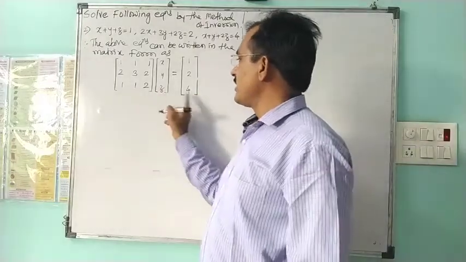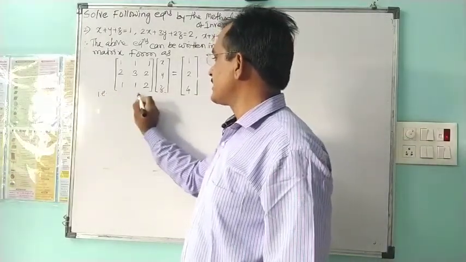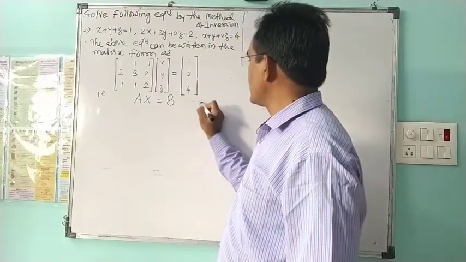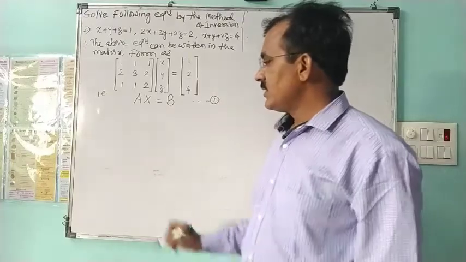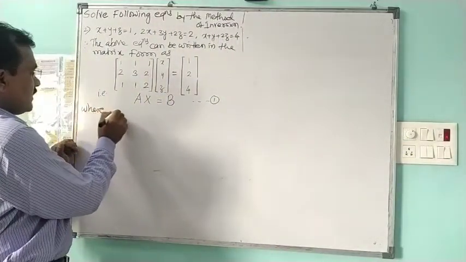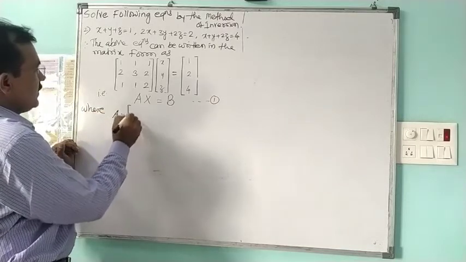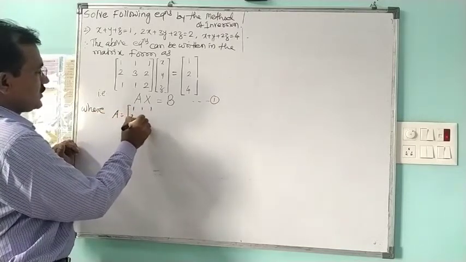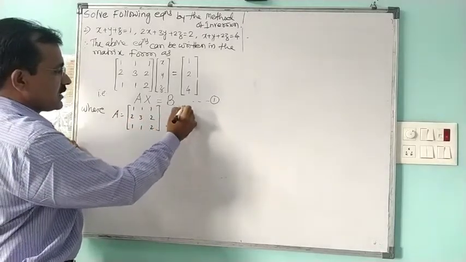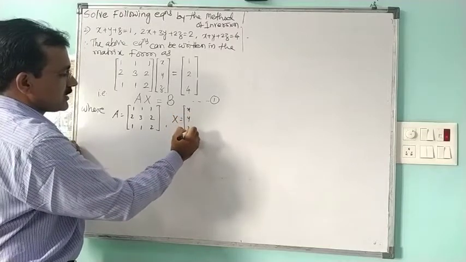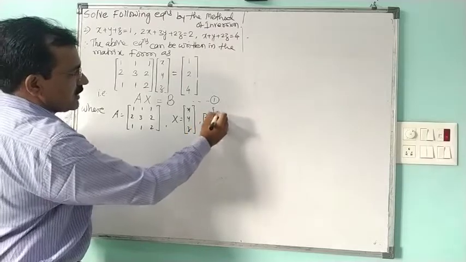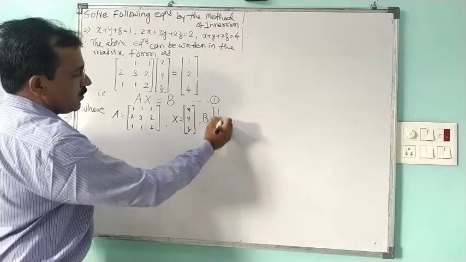So we call this AX is equal to B. If I call this equation 1, here A can be written with the elements 1, 1, 1, 2, 3, 2, 1, 1, 2. Capital X is a column matrix containing the elements x, y, z, and capital B is a matrix of constants containing the elements 1, 2, 4.